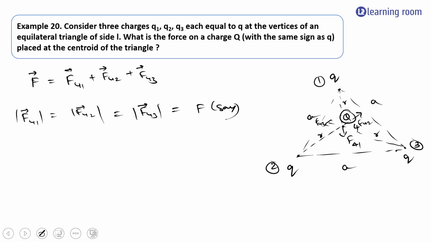Now, if I take the fourth charge and draw a free body diagram, this is going to be capital F, and this will be capital F. So what is going to be the angle between those two capital F's at the top? It's going to be 120 degrees.